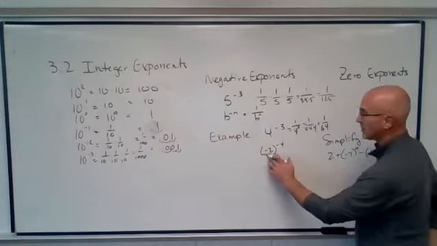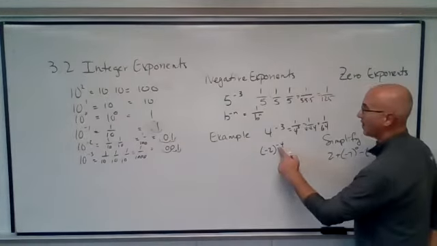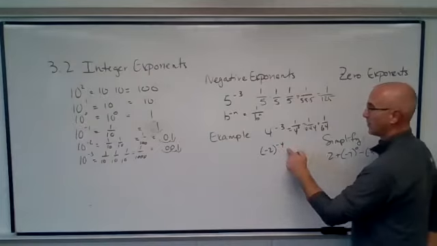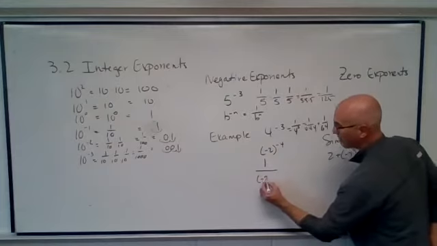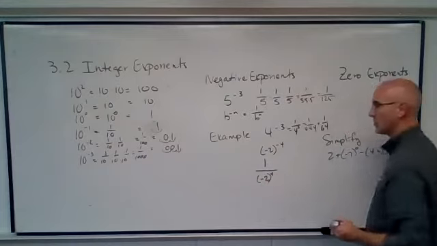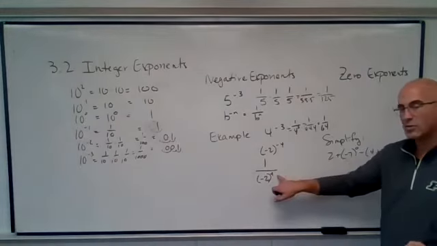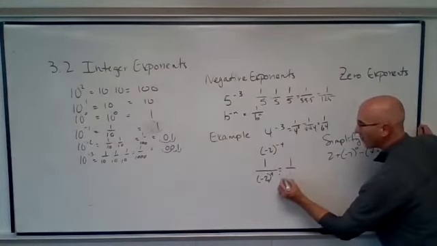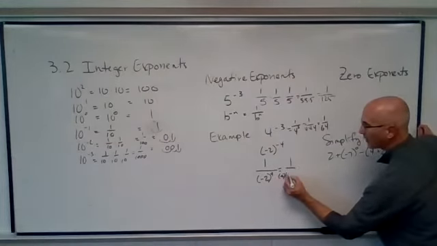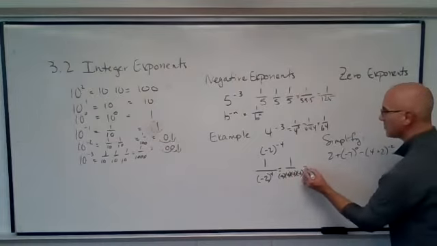Now here's something we have to be very careful with. In our last lesson, we discussed when a negative number is our base. And now we have negative 2 to the negative fourth power. So first of all, that means we put it in the denominator, and then we use the exponent. So 1 over negative 2 to the fourth. And negative 2 to the fourth, if we wrote it out longhand, is negative 2 times negative 2 times negative 2 times negative 2.